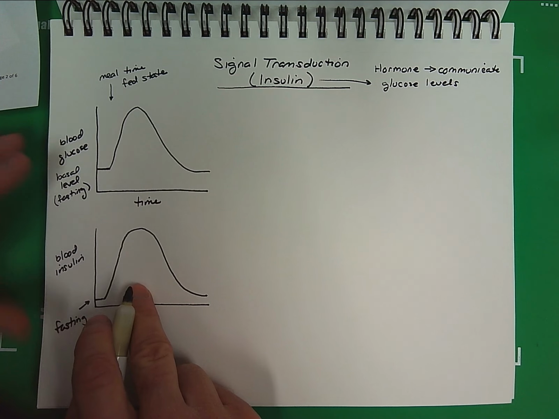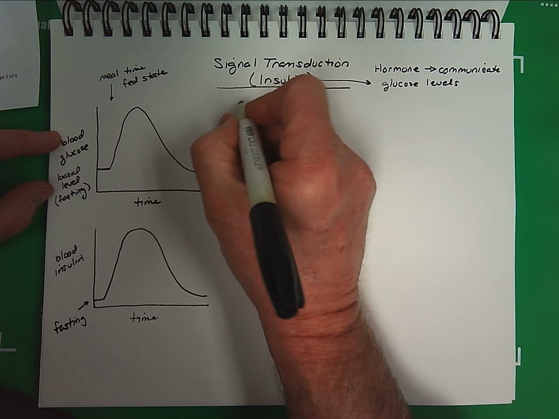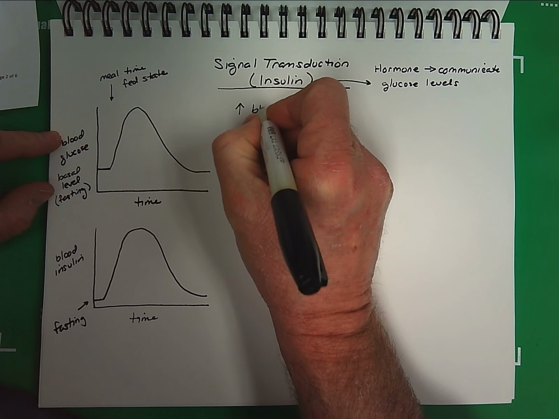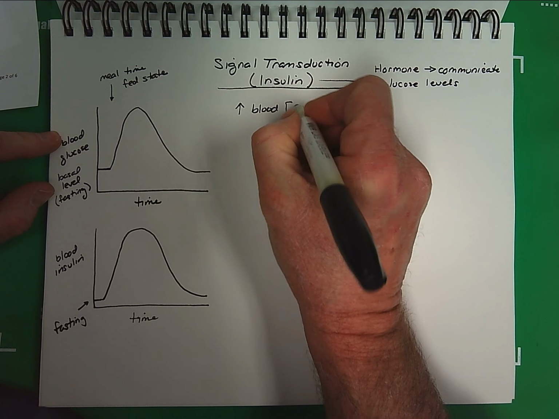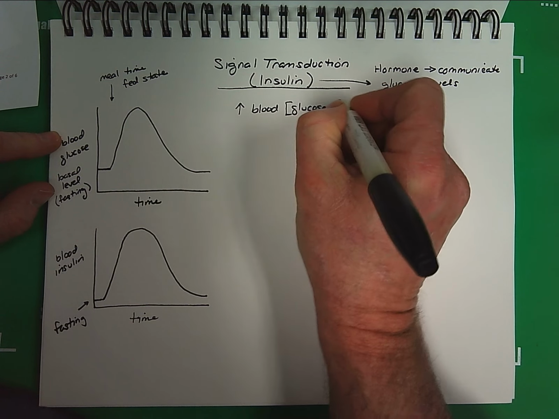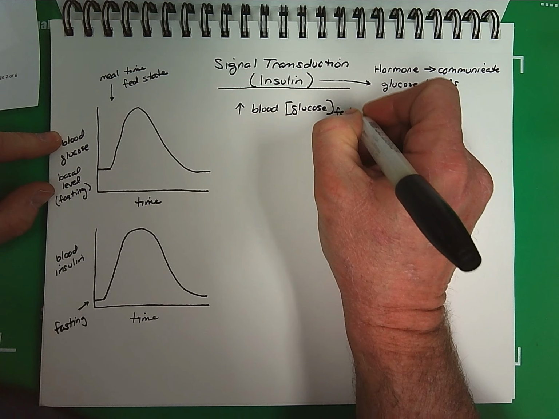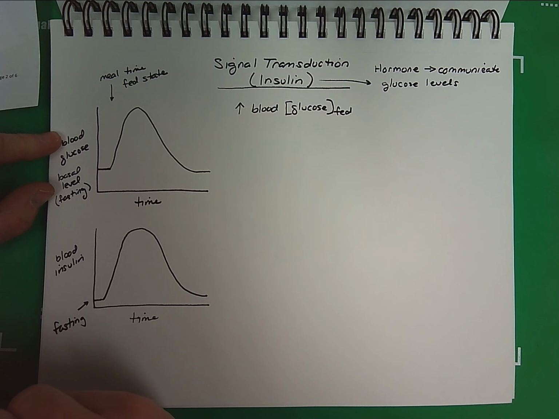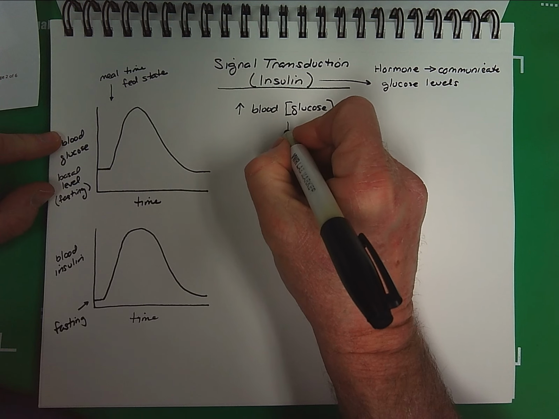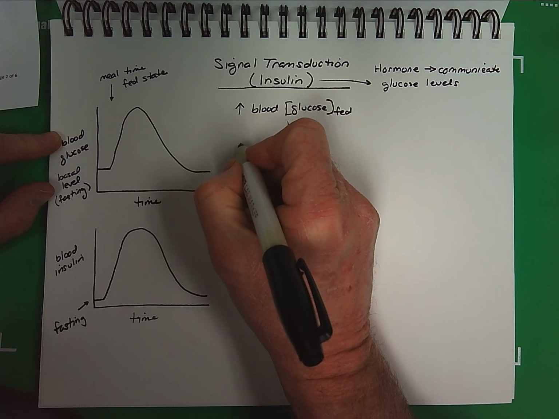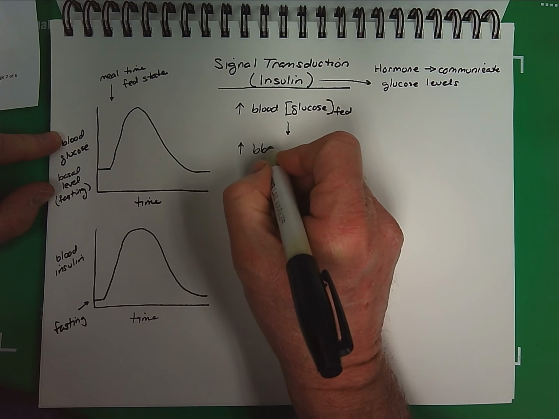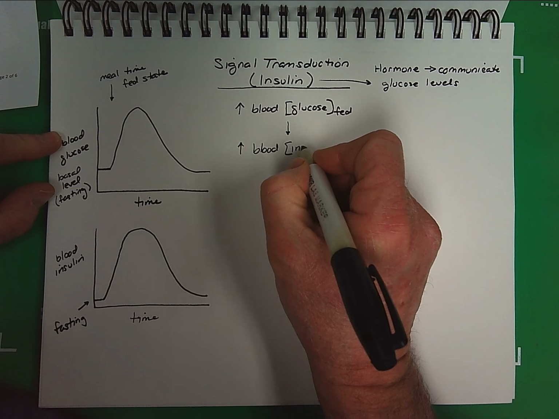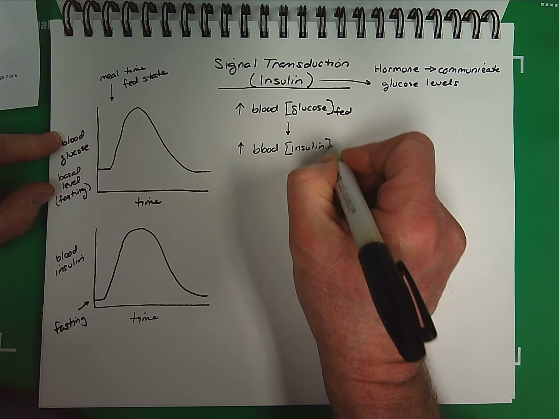So this is an indication that the increase in blood glucose concentration in the fed state is inducing a change in insulin concentration. This is causing an increase in the blood insulin concentration.